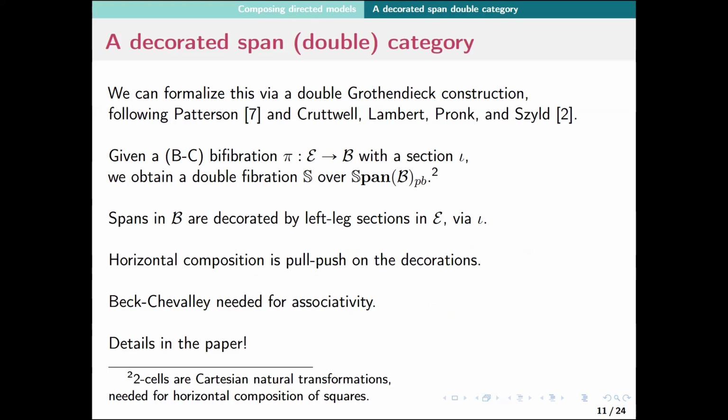One thing I think is that this story of double decorated constructions is more general than the Copara story because of the fact you can have this dependence on both legs. In this case, as I said, I have trivial decorations on the legs, and that makes it relatively easy to do the decoration, the sort of Copara thing. But when I was working through that, I didn't see a way to do it.